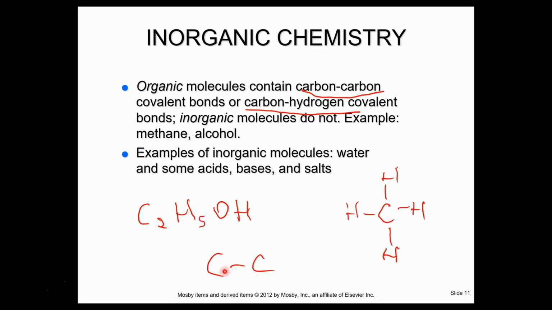Covalent means that they share the electrons equally that join them together. And it's a strong bond, remember that. So they have carbon-carbon or carbon-hydrogen bonds. Either this type of bond or this type of bond.